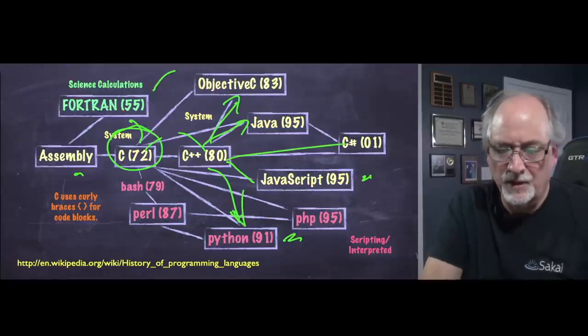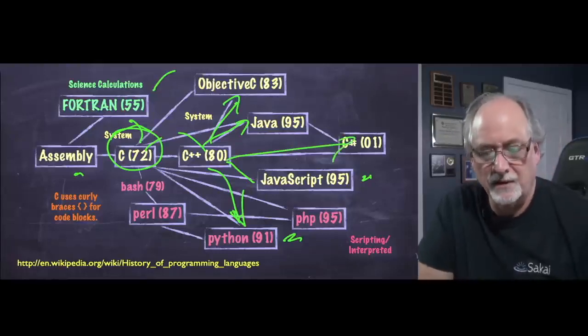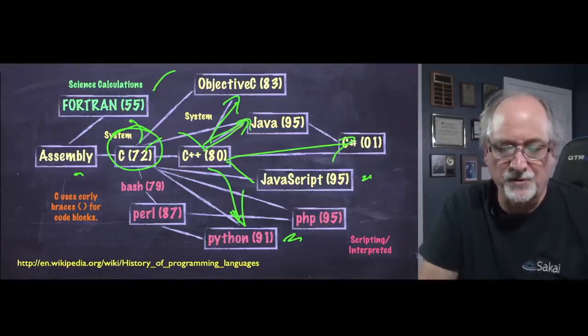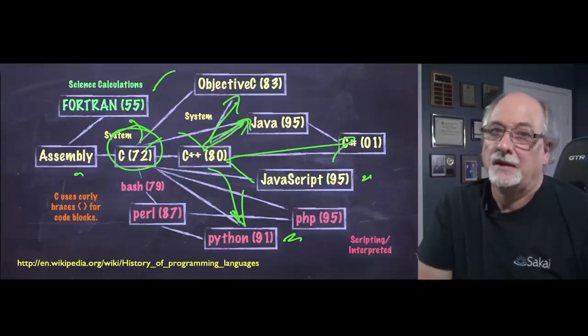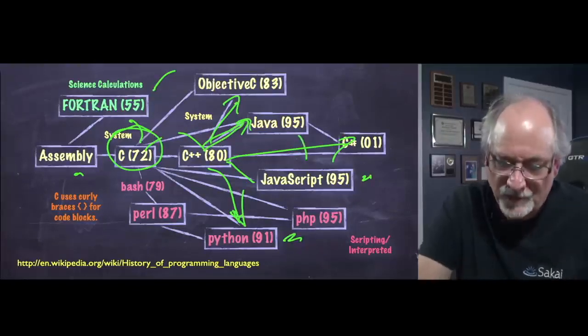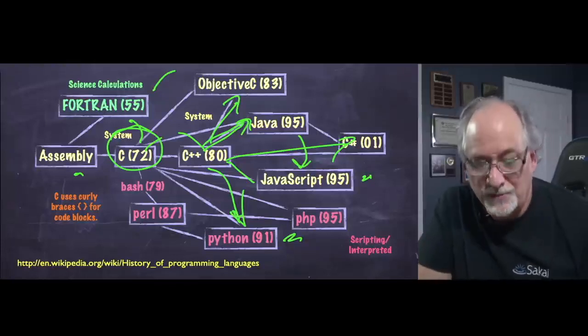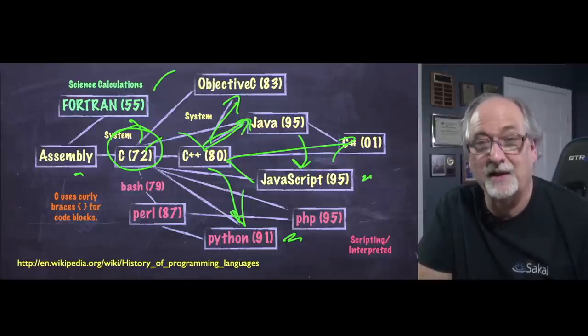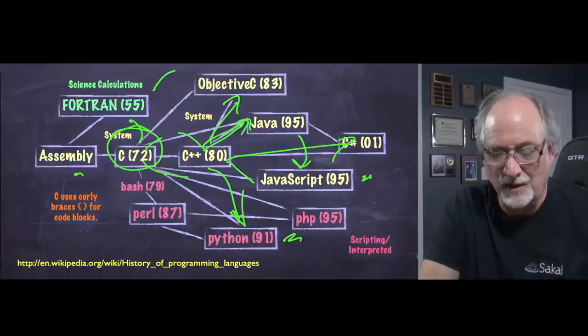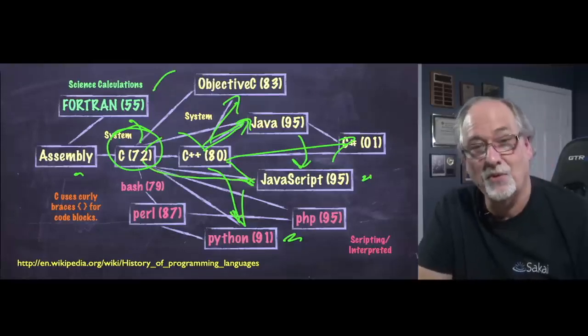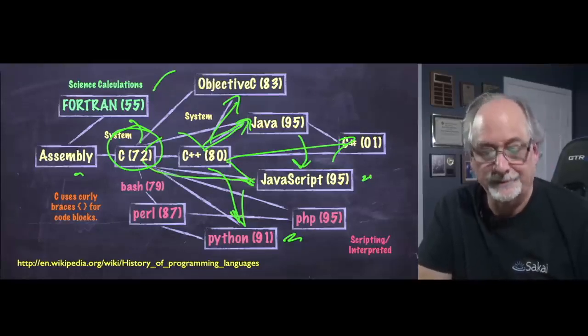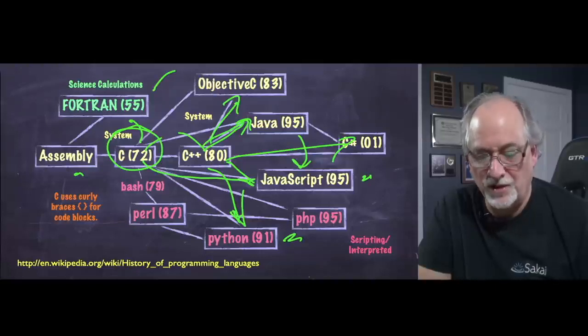C# was Microsoft's version of that. Java was open source, the thing that became the sort of progenitor of JavaScript, but again, they're not as related as you might think. JavaScript came from C more than it came from Java. There's a few things that are imitating Java.